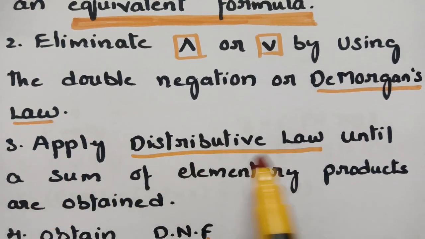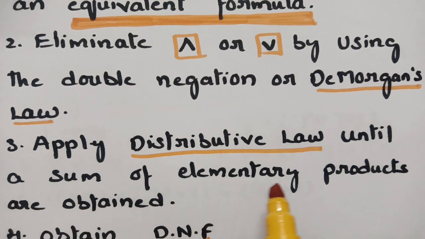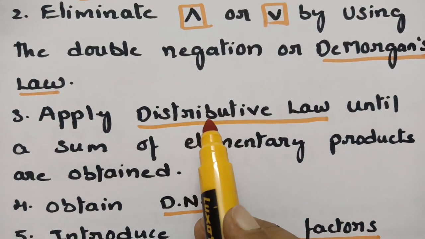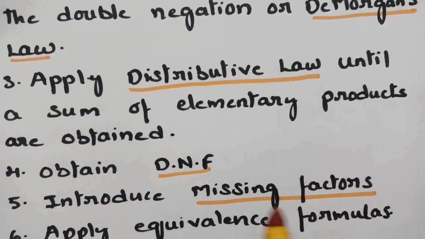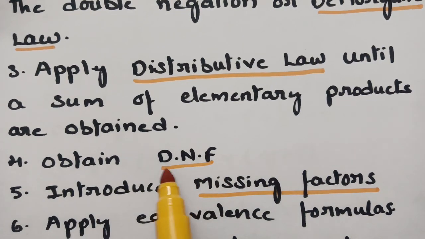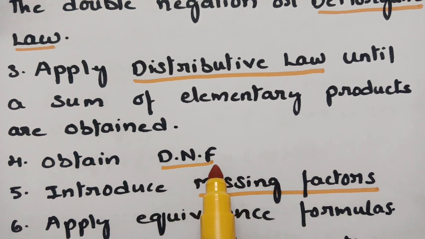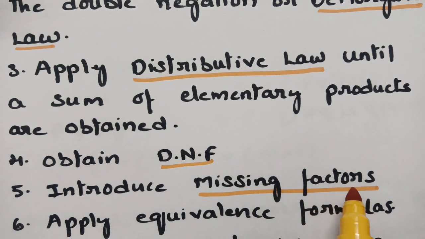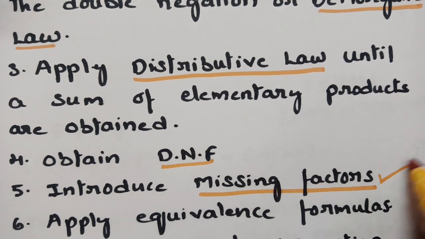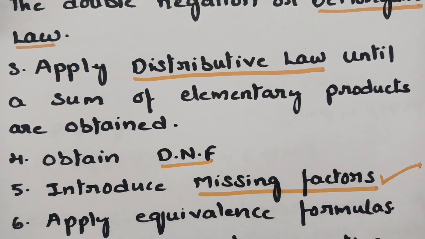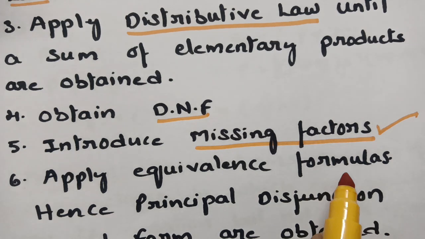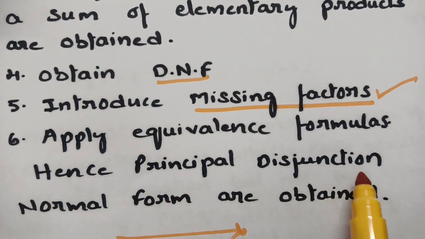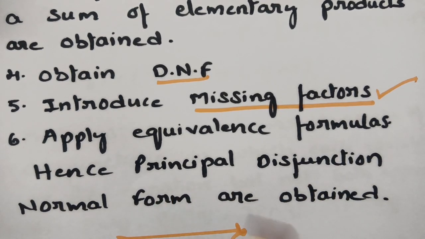Next, apply the distributive law until a sum of elementary products is obtained. After obtaining the disjunctive normal form, we have to introduce the missing factors. I'll show you how these missing factors are added. Next, again we have to apply equivalent formulas in order to get the principal disjunctive normal form.